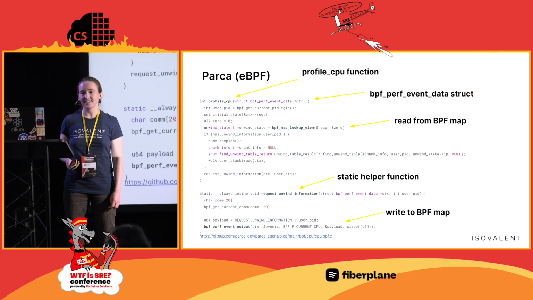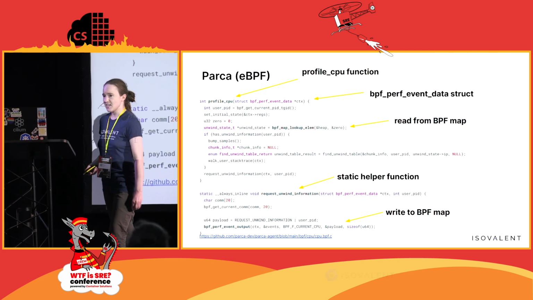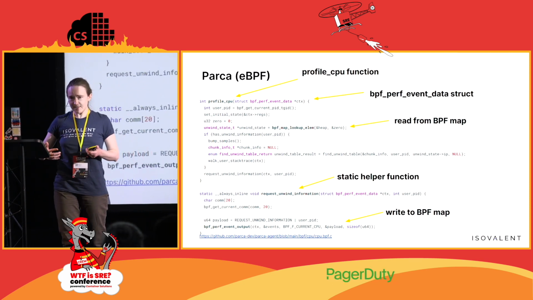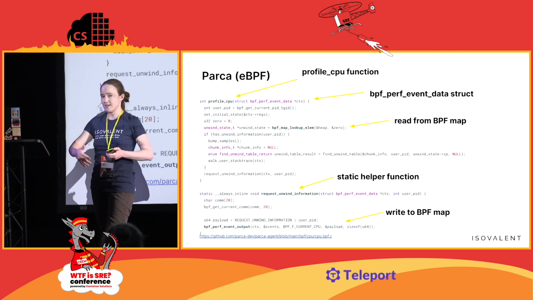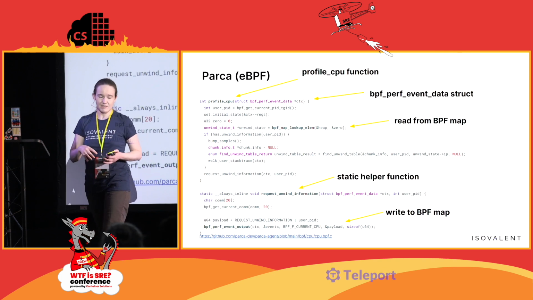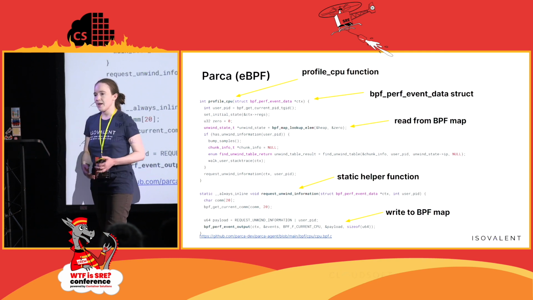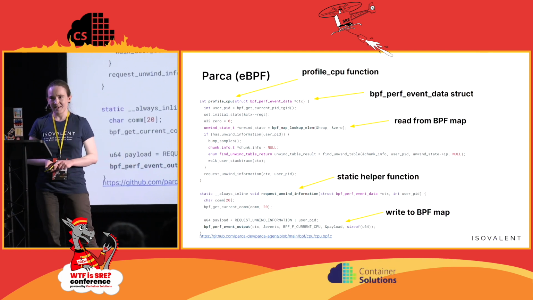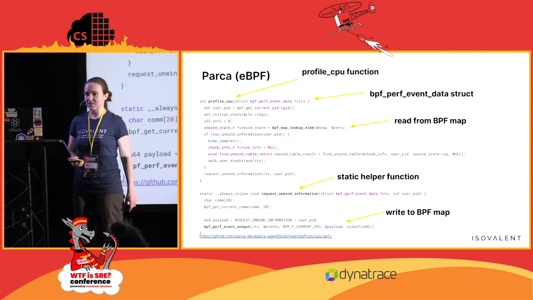This function takes the bpf_perf_event_data structure. This is the context argument that every BPF program gets. What context argument is passed depends on where we attach the eBPF program, so it depends on the attachment point. This program is attached to a perf event, and it receives this structure defined in the Linux kernel.